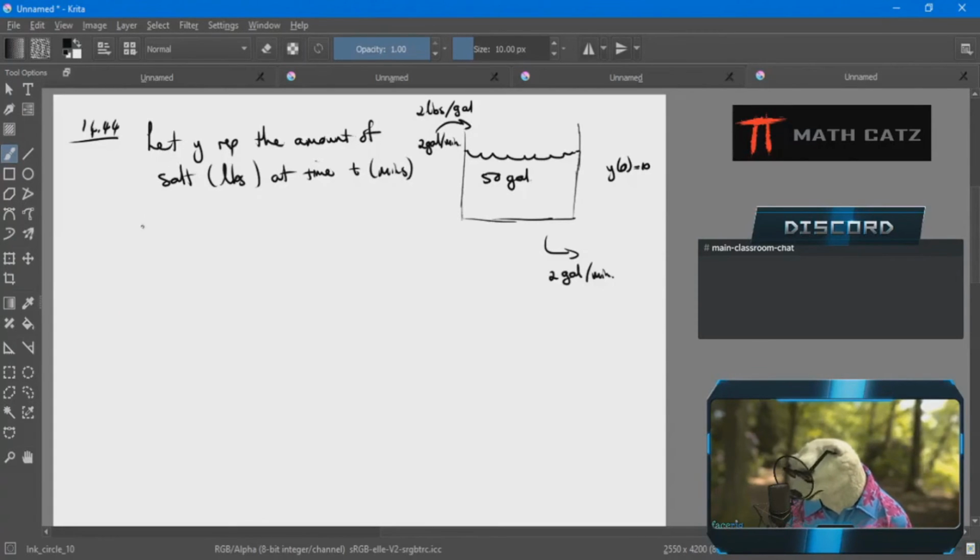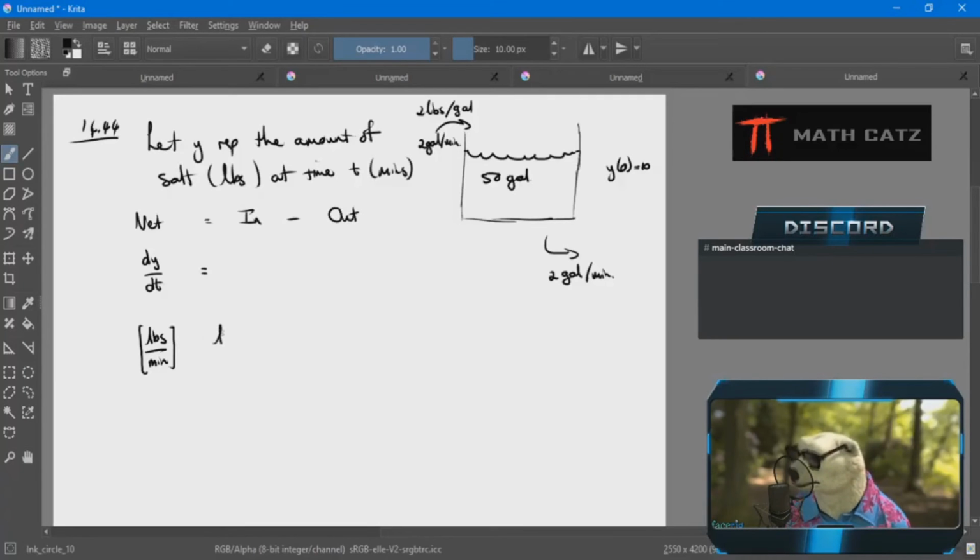So I'm going to keep track of the net rate of change, which is equal to the rate of change coming in minus going out, the rate of change of the amount of pounds of salt. So that's going to be dy/dt, and my units will be pounds per minute. So I need to make sure that when I'm looking at the flow in, I'm looking at pounds of salt per minute.